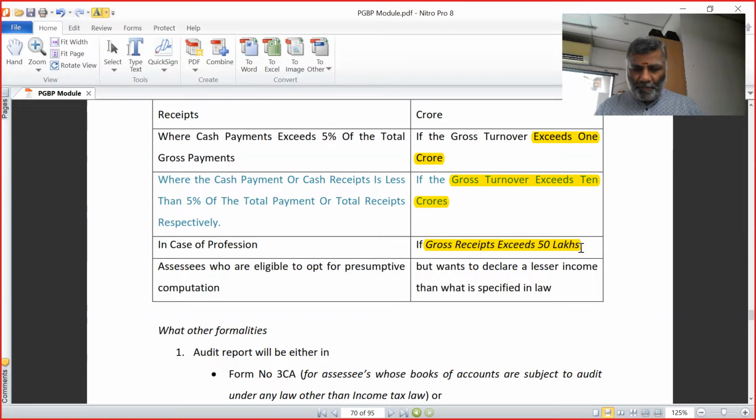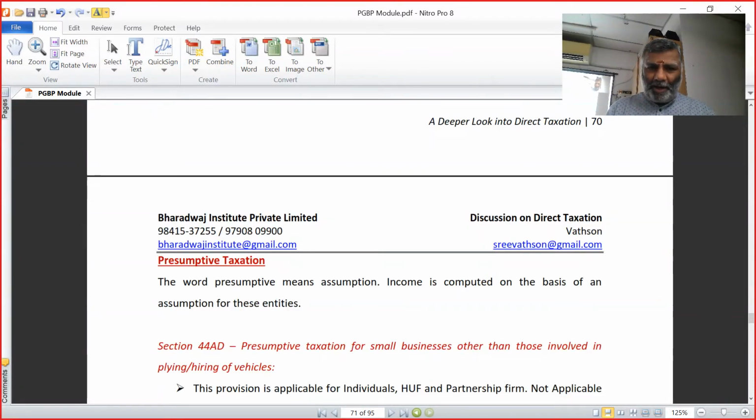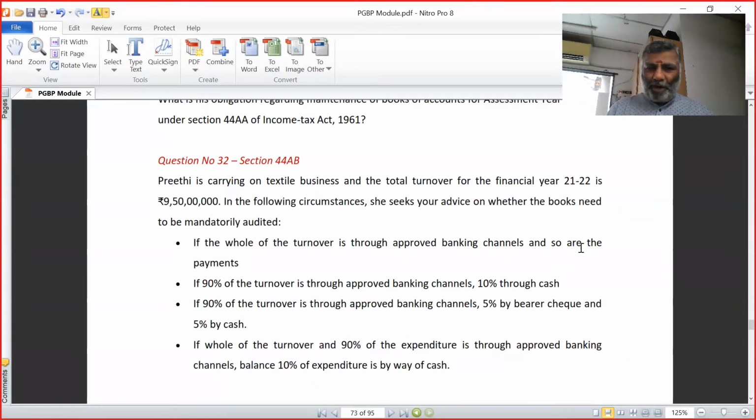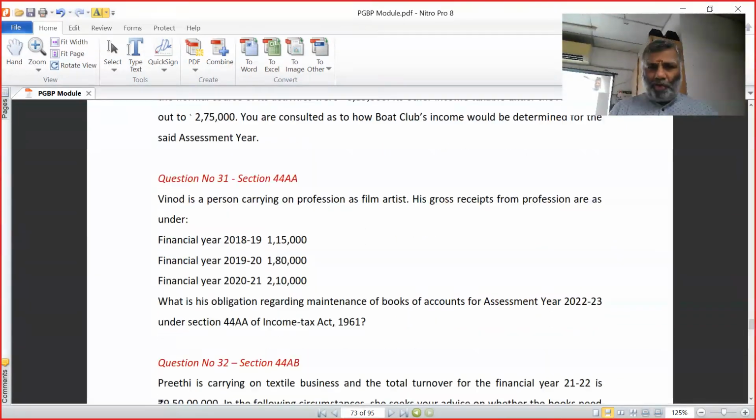Okay, right. Let's do some questions before understanding further. First on 44AA. This is a person carrying on profession as a film artist. His gross receipts from the profession are as under: 115, 180, 210. What is his obligation to maintain books? In case of profession, in all the 3 years it should have exceeded 150. But you can see in financial year 18-19, it is just 115.